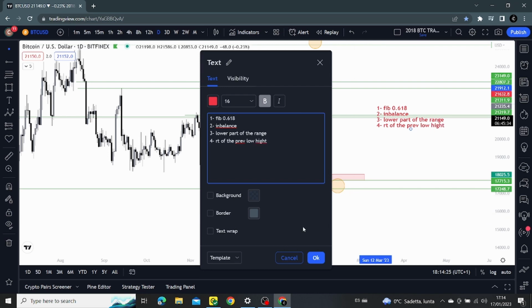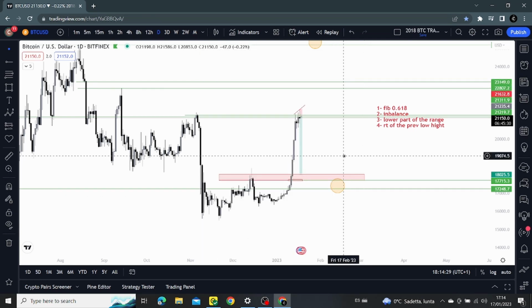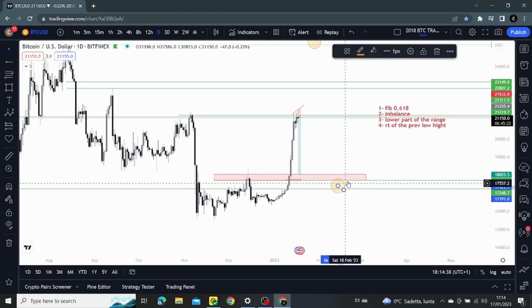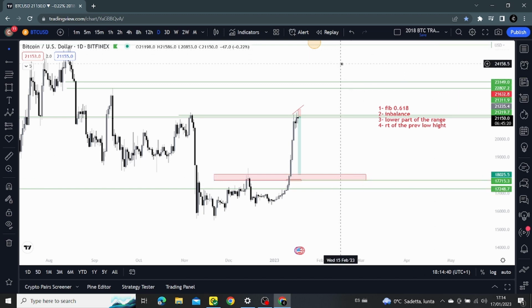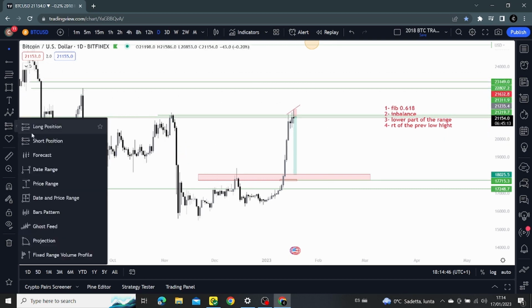We have 4 points of interest, okay. As I said before, for me the minimum is 3 points of interest to enter a trade, okay. We have 4. That's a good point for a long position. We have our short position and we're gonna have our long position now, okay.